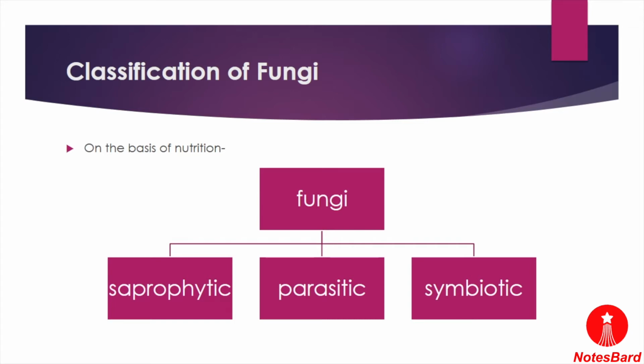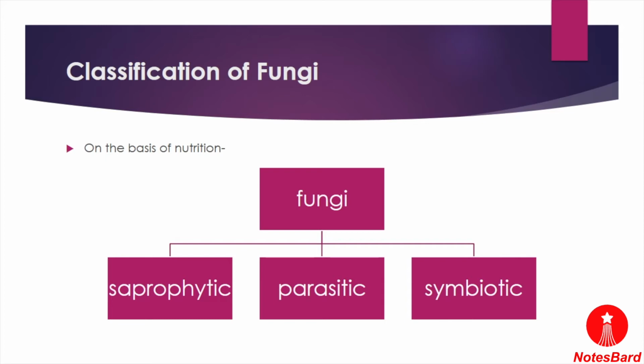The parasitic fungus include those species which obtain their nutrition by living on other living organisms. They absorb nutrients from their host and in response cause different types of infections or diseases in these host cells, like Taphrina and Puccinia, which cause several diseases in plants.